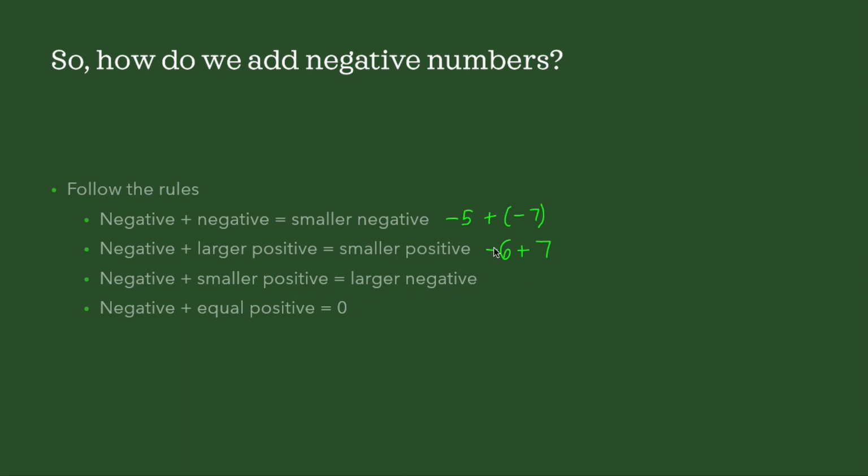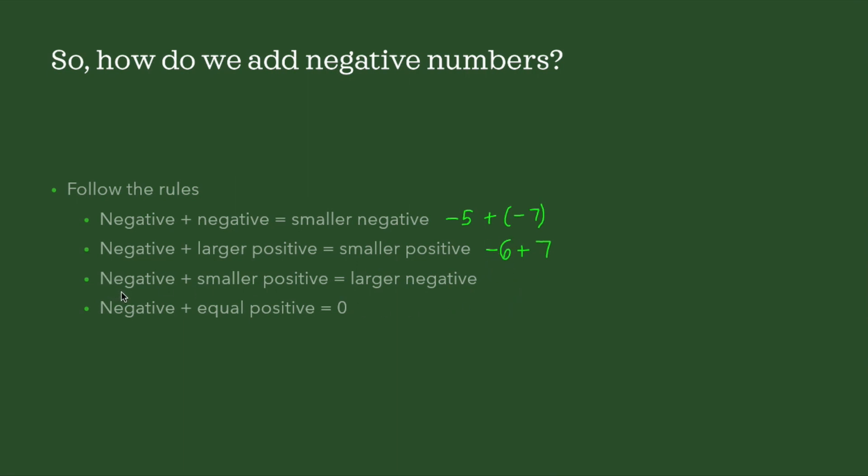But if the negative number is smaller than the larger positive number, it would end up in a smaller positive than 7. So the result of this will be a smaller positive than 7, but definitely larger than -6, or the negative part.